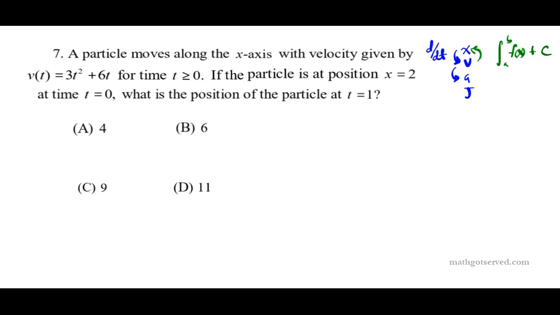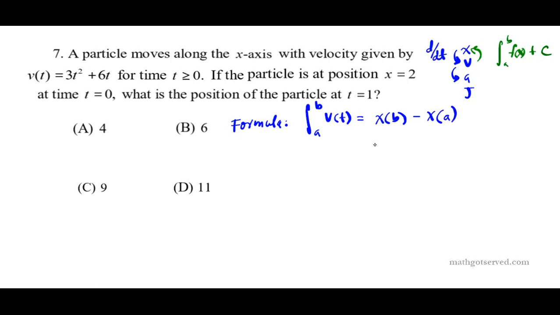All right, so let's write down what the formula is. It's going to be a definite integral. The integral from a to b of the velocity function is basically going to be the change in position. The antiderivative of velocity is position, evaluated at the upper limit minus the antiderivative evaluated at the lower limit.